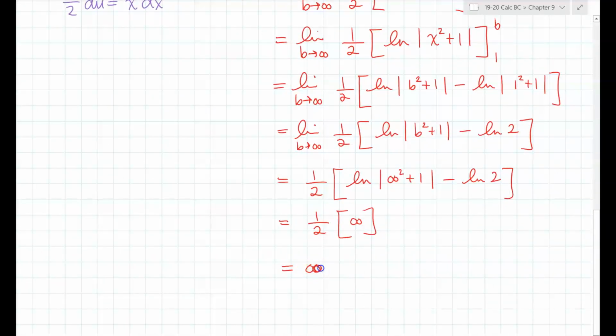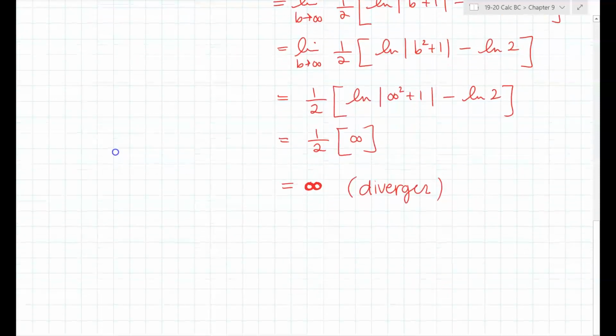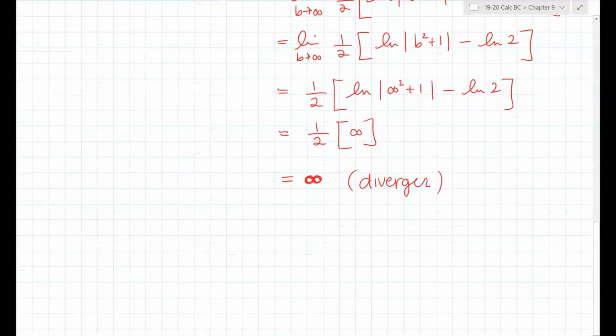Now, since the limit does not converge, because the limit went to infinity, that means it's diverging. I'm going to put right here, diverges. Since the limit diverges, then that means the series diverges. That's what the integral test is supposed to tell you.